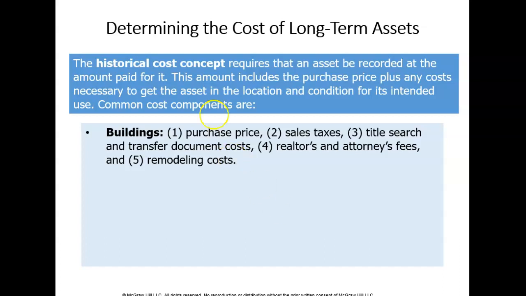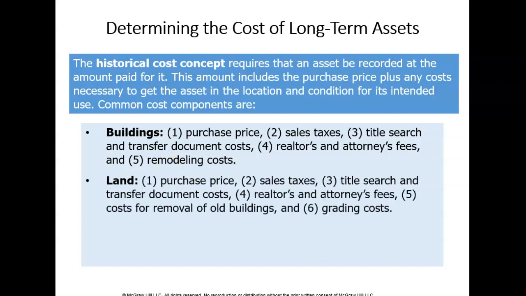For example, if buying a building, the cost to record could include the purchase price, sales tax, any title search to make sure there's no liens against the property, any other transfer documents, any fees paid to a realtor or an attorney, as well as any remodeling costs. All of these costs will be included in the actual building account.